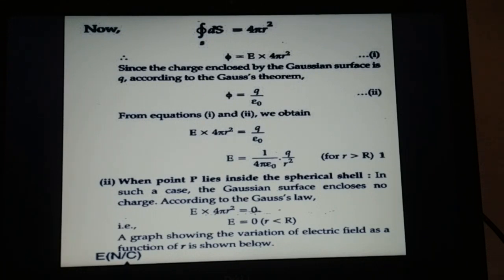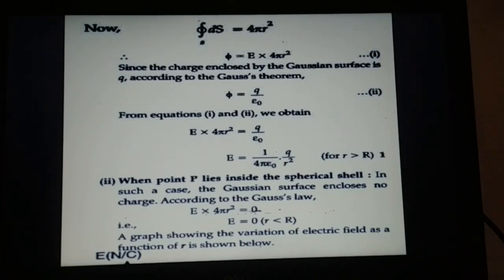Are you remembering this equation? E is equal to 1 by 4 pi epsilon 0 Q by r square. Yes, that is the equation for electric field intensity due to a point charge.